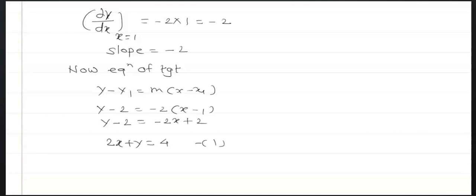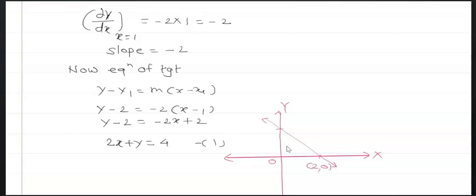Now we want to find the area formed by this line and the coordinate axes, the x-axis and y-axis. These are the points of intersection with the coordinate axes.